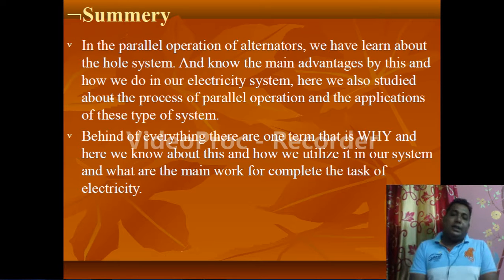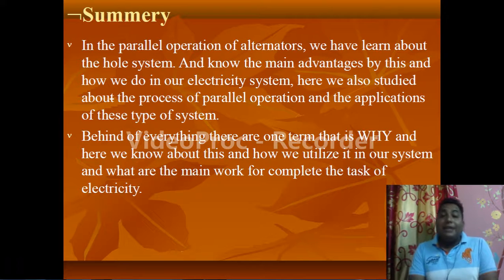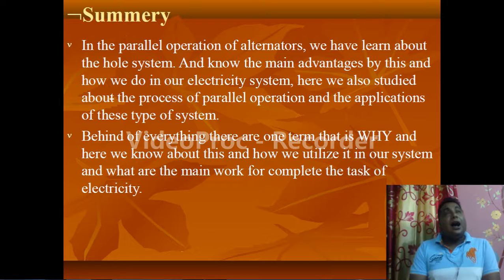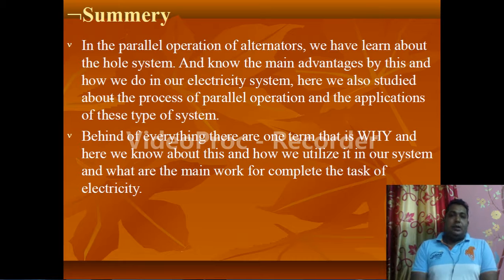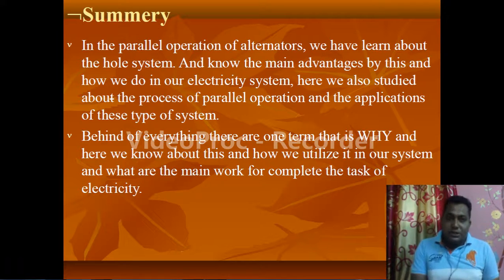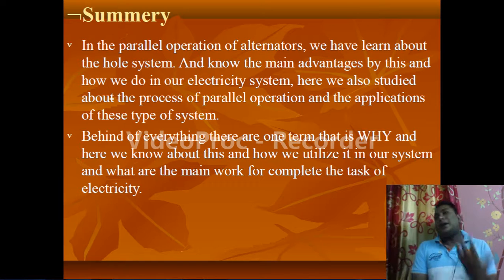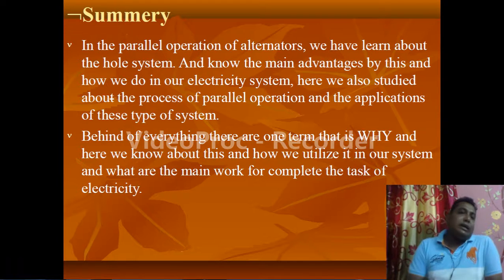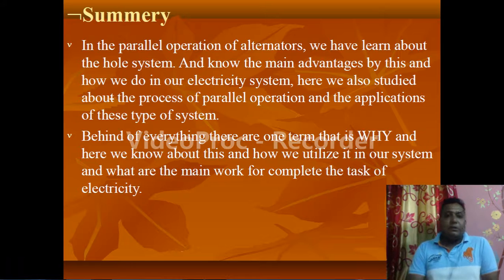Behind everything there is one more question, why, and here we learned about that and how we utilize it in our system. So we summarized why we use this, how we use this, where we use this, and what its advantages are. That is the summary of what we have discussed today.